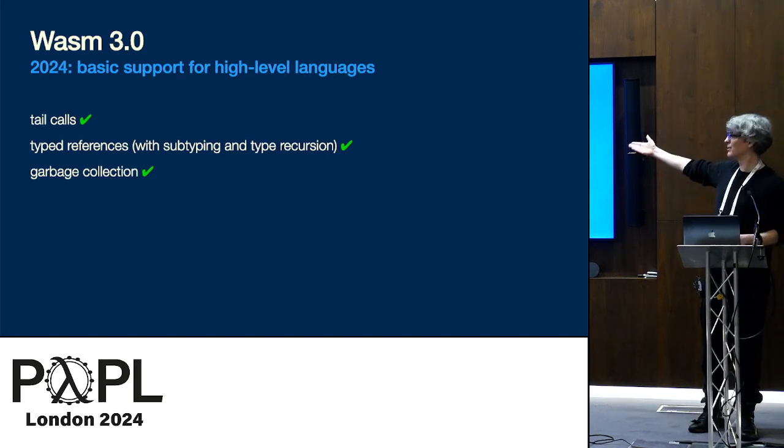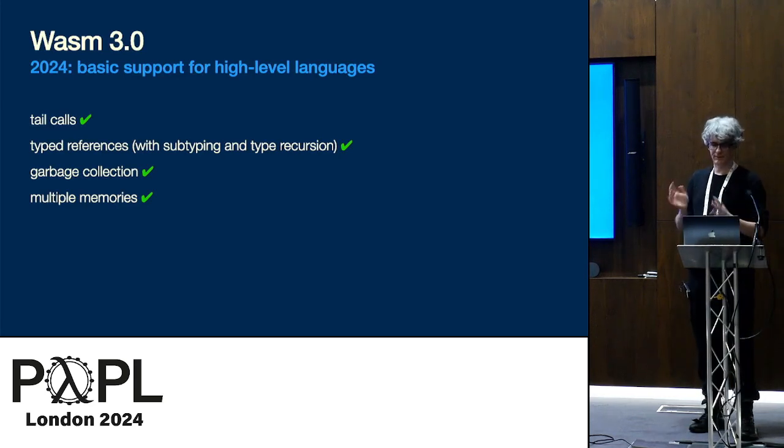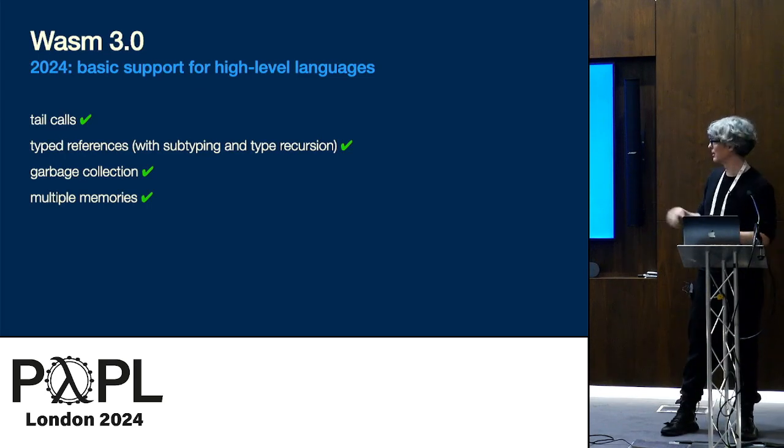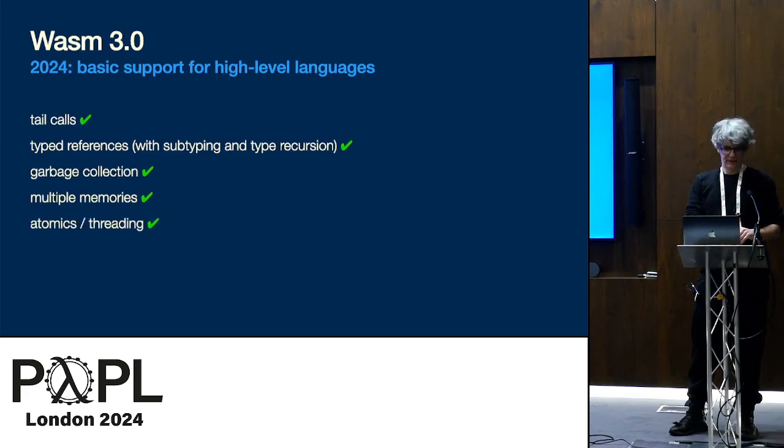And then you have references to these, and that's where all these typed references come in. Multiple memories, Amal talked about that, or mentioned them. That is really just a hole we closed in the initial design, which we left there very intentionally. Now you can have multiple memories in a single module. All these I put check marks on because they're basically done, right? All these features are done and just have to be merged, which is on me.